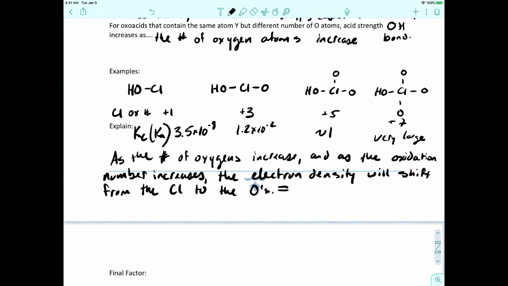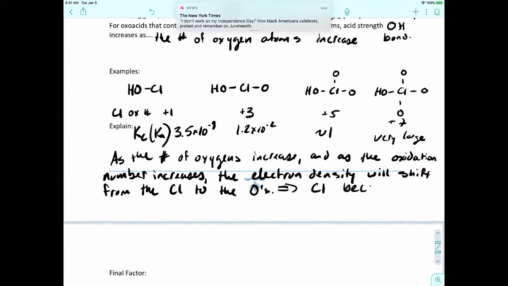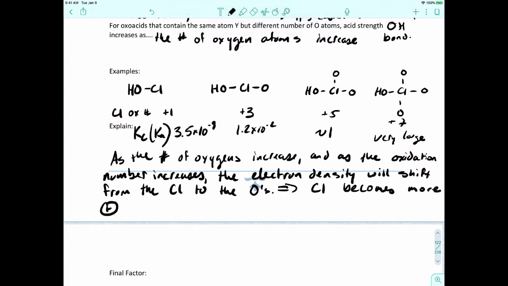And so what that's going to do is that Cl becomes more positively charged, and will polarize the bond, making it easier to break.